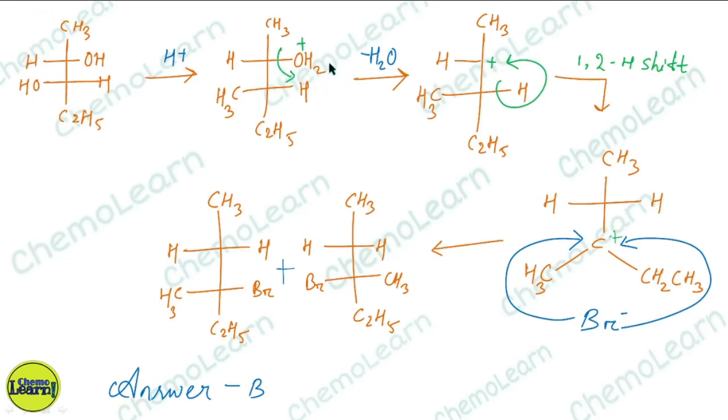Okay, so we'll get one carbocation here, but a 1,2 hydride shift will take place, and here we have the carbocation. So now Br minus can attack from both sides. Okay, from both sides it can attack, and we have these two products. So the correct option will be B.